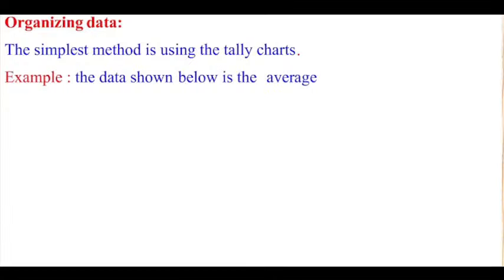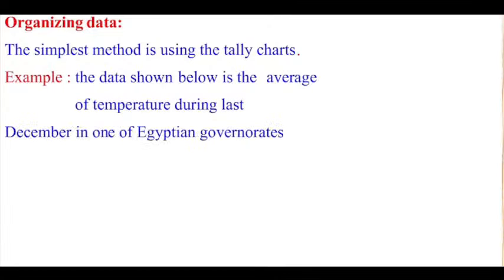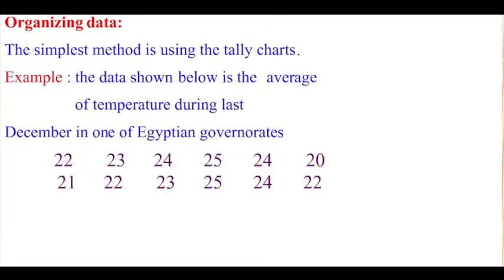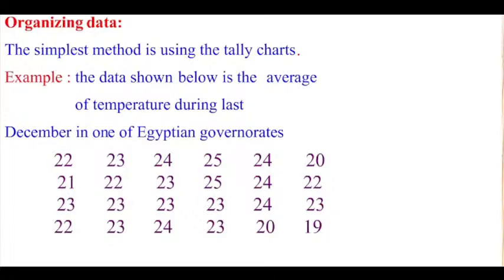The data shown below is average of temperature degrees during last December in one of the Egyptian governorates. 22, 23, 24, 25, 24, 20, 21, 22, 23, 25, 24, 22, 23, 23, 23, 23, 24, 23, 22, 23, 24, 23, 20, 19, 20, 22, 25, 23, 22, 21.